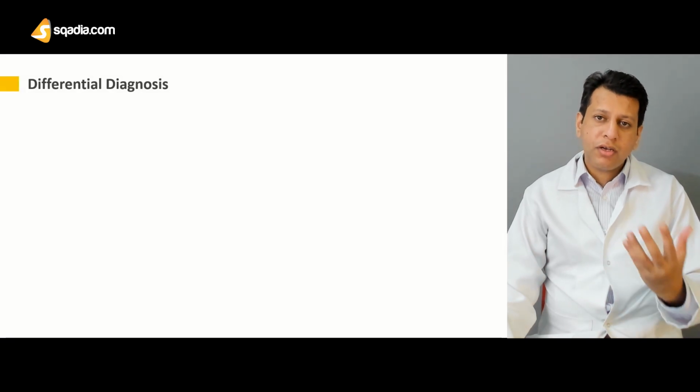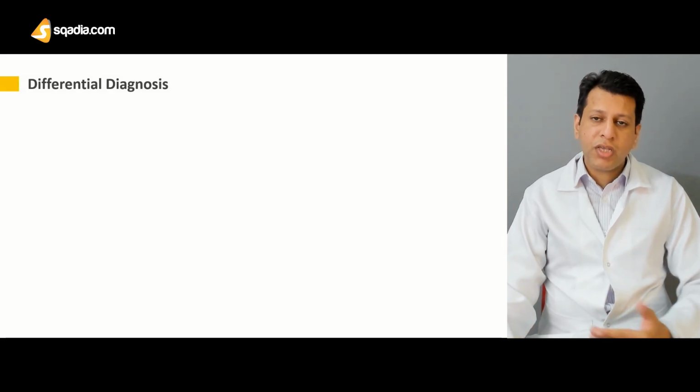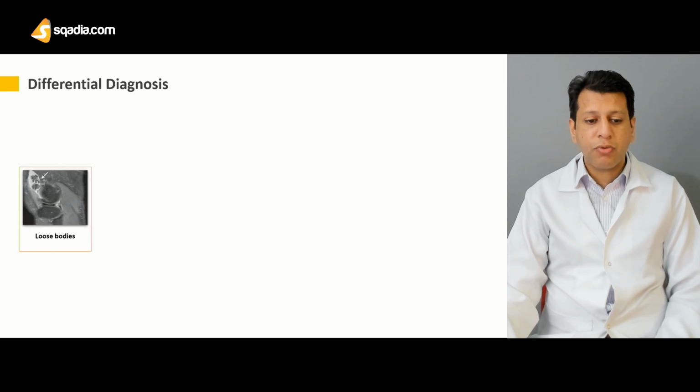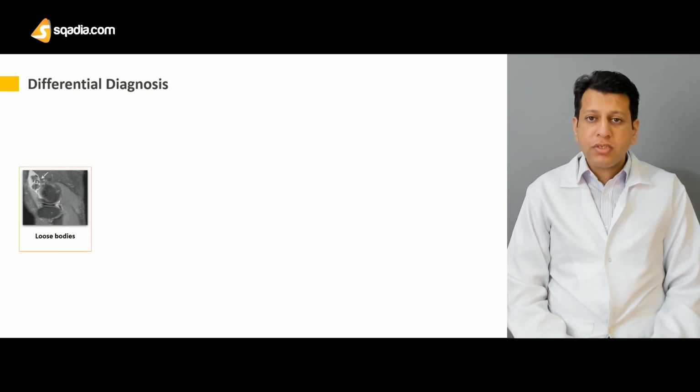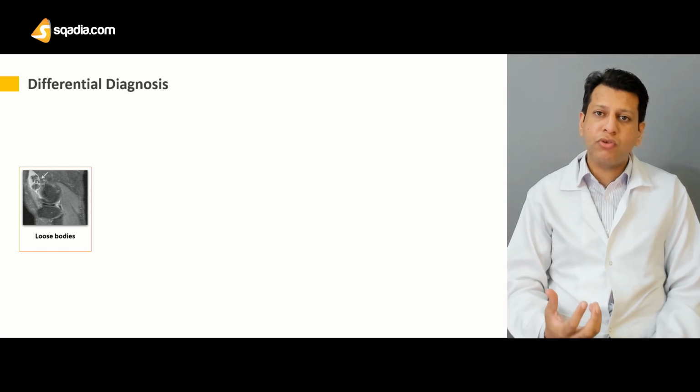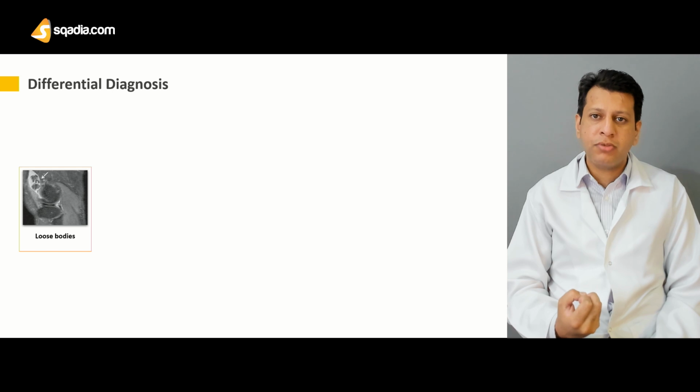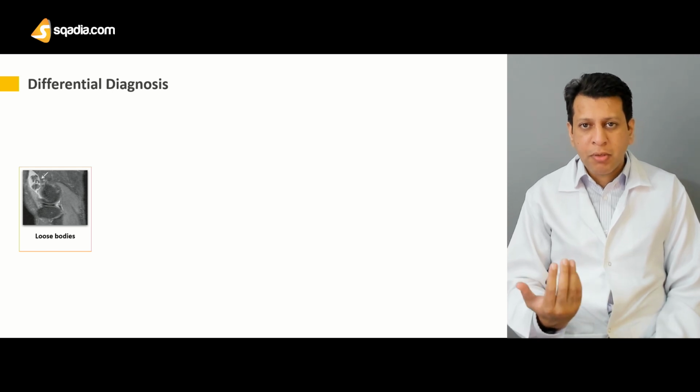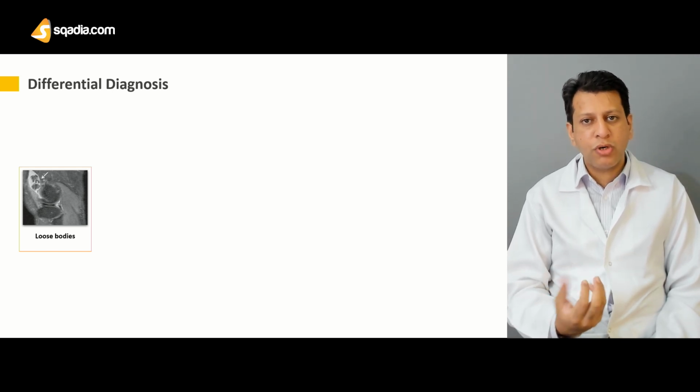Before we go for the confirmation of diagnosis, we have to keep certain differentials in our mind as well. First and foremost is always loose bodies. Why? Because the mechanical symptoms of meniscus injury mimic the symptoms of loose bodies as well.